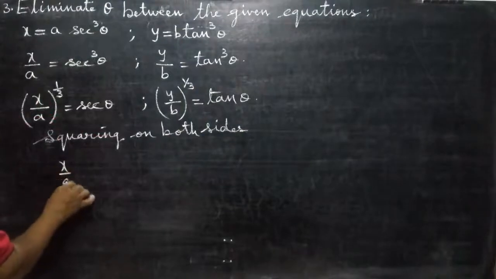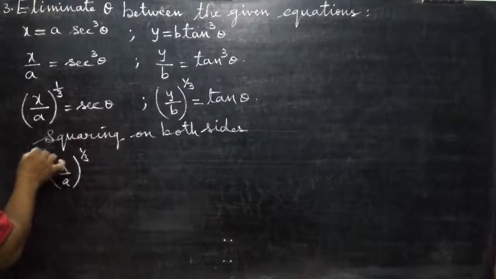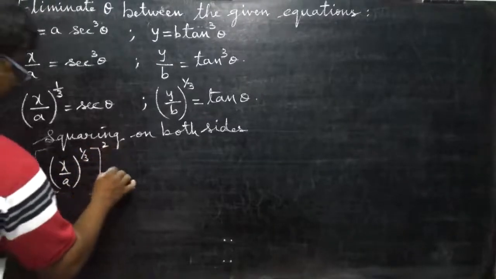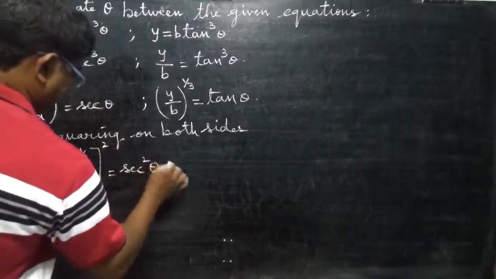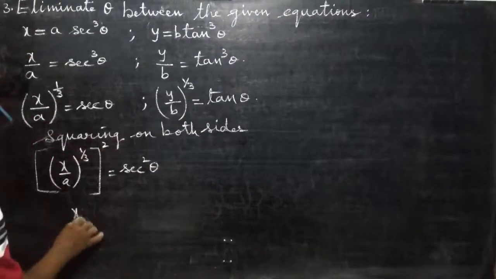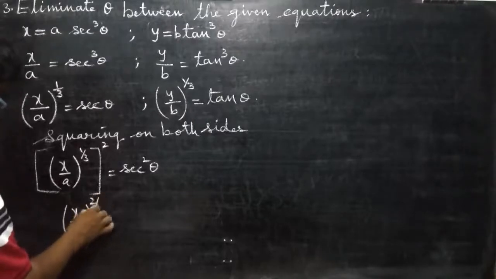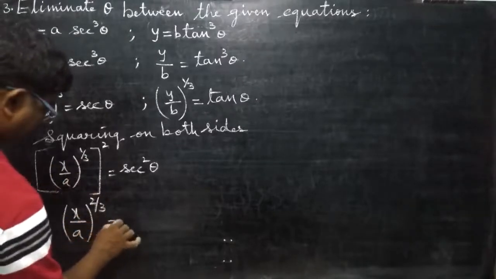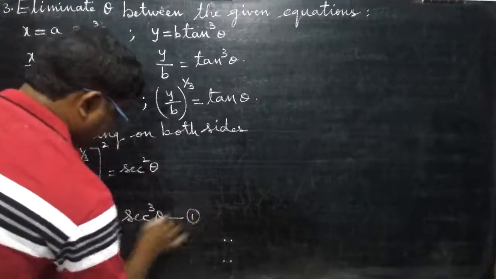Squaring on both sides, so remember those identities. x by a to the power of 1 by 3 whole square, because squaring on both sides, is equal to sec square theta, that is equal to x by a whole to the power of 2 by 3. Think of this as equation 1.